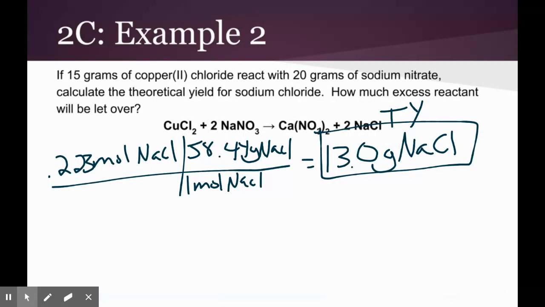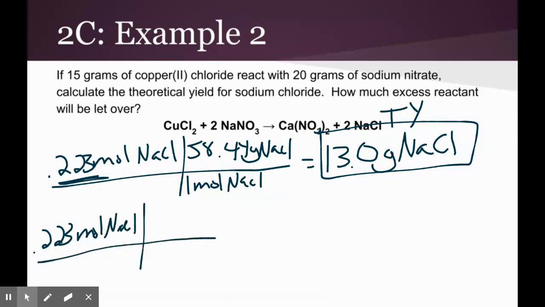The second question is how much excess reactant will be left over. So again, we want to take the moles of NaCl that are going to be produced. And now we want to go from moles of NaCl back to grams of our excess reactant, which was NaNO3, to figure out how much of the NaNO3 is used in the reaction.